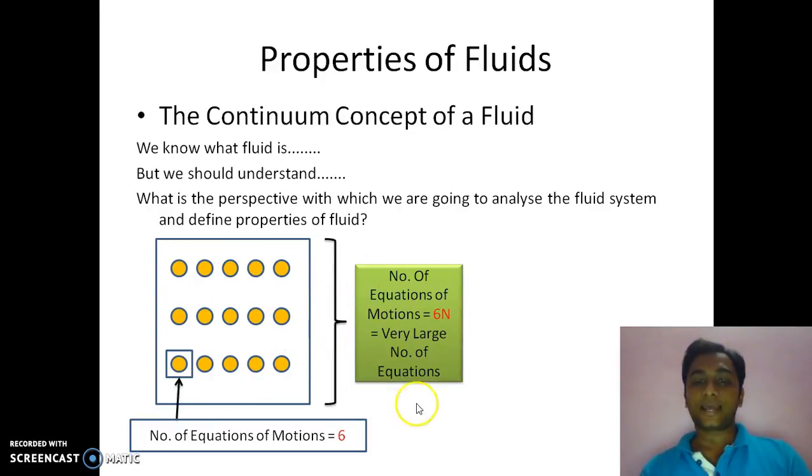So we get a very large number of equations, which are very difficult to analyze. Even computationally it will take a huge amount of time, as well as huge effort, to solve these equations of motion and predict the behavior of fluid within this system.